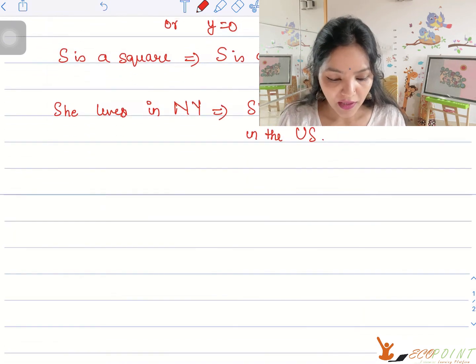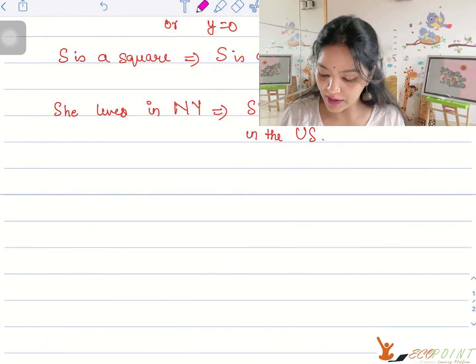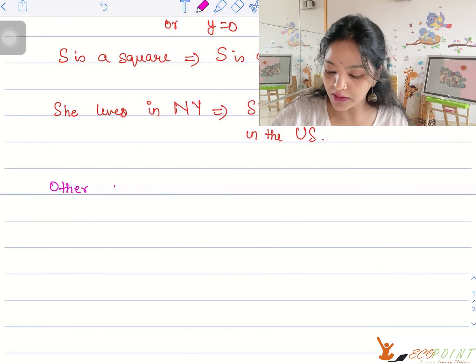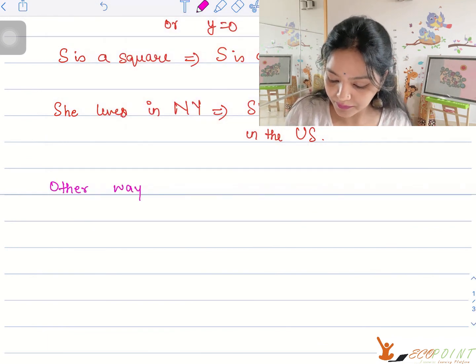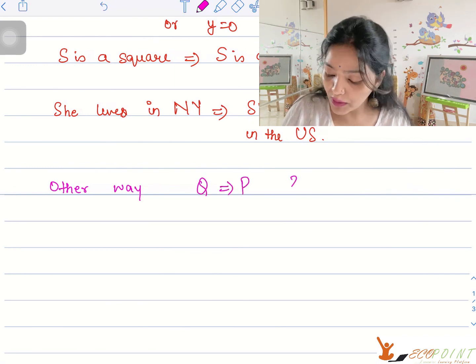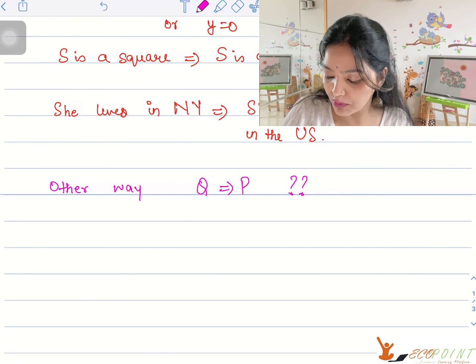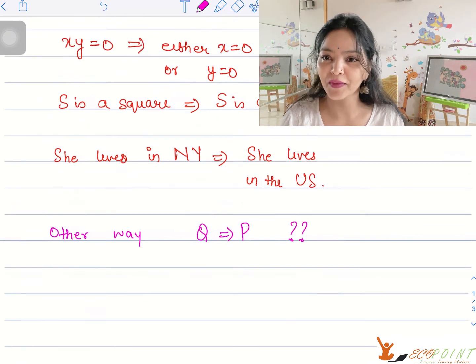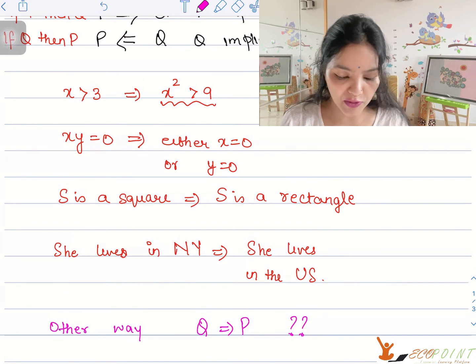Okay. Now let's think the other way around. That would mean we're talking about Q implies P. Will it be correct for me to say that?